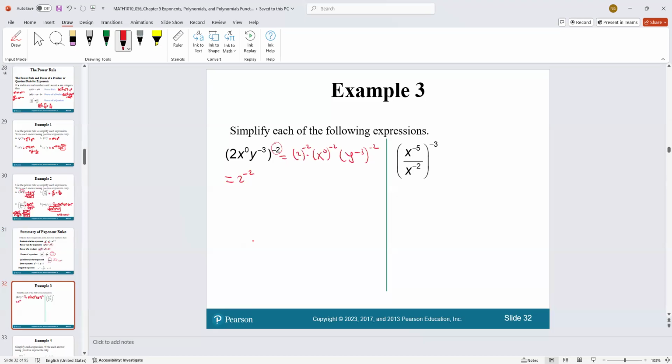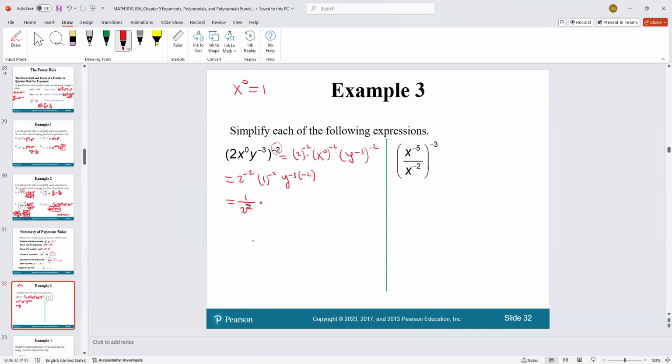Any non-zero number power 0 is 1, so we're going to have 1 power negative 2. And then we're going to have y power -3 times -2. Over here, this will change to 1 over 2 power 2.